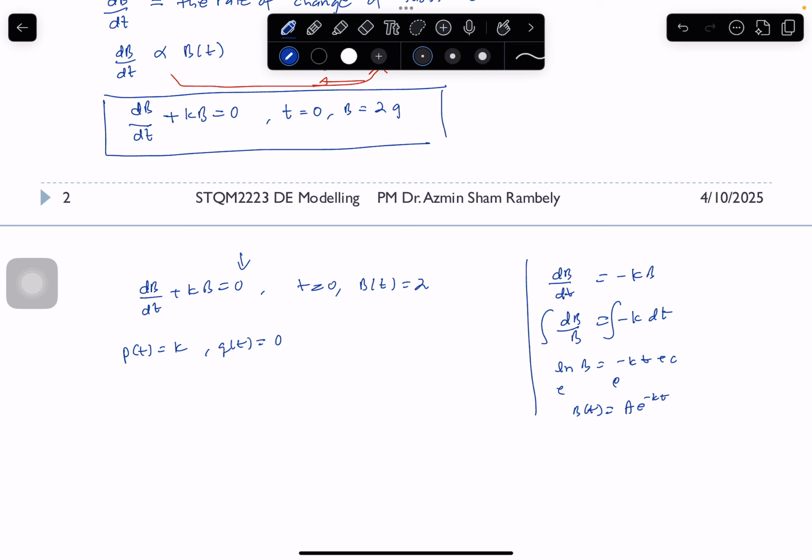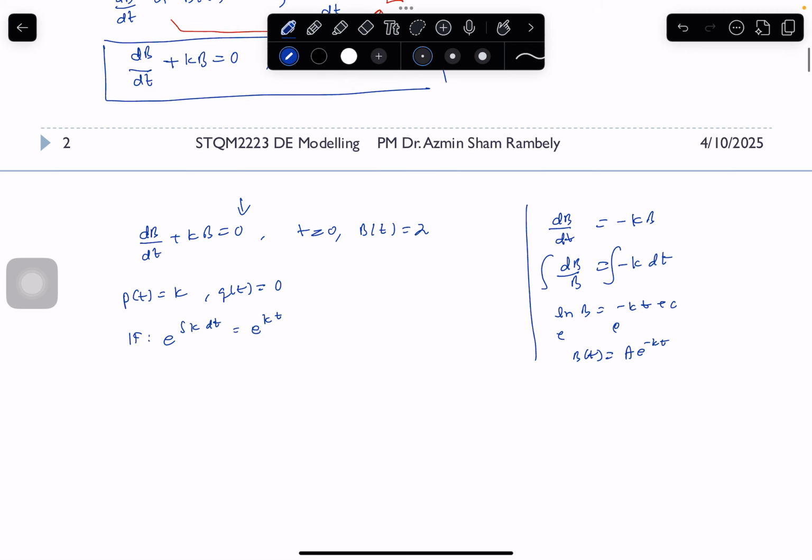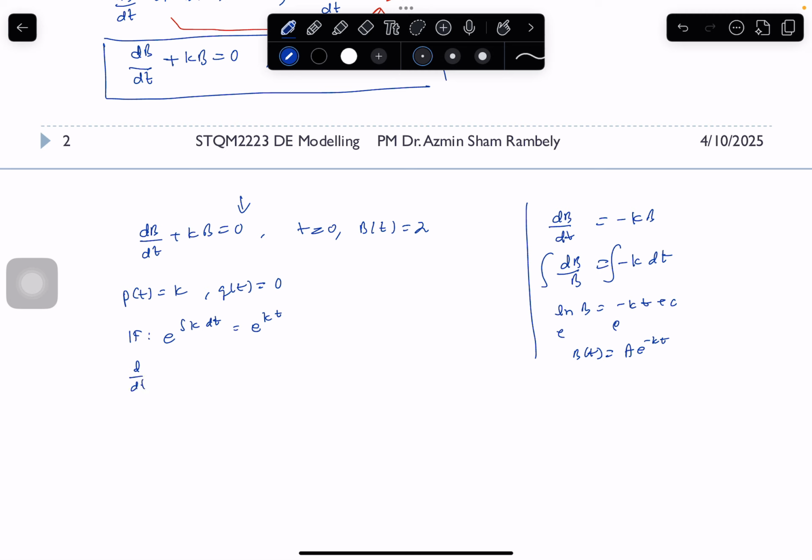And take the exponential function, the integrating factor, e to the power of k dt. So we're going to have e to the kt. Shortcut, d dt of, what is your function? B multiplied with your integrating factor, e to the kt, is equal to, the right hand side is 0, multiplied with the integrating factor is 0.